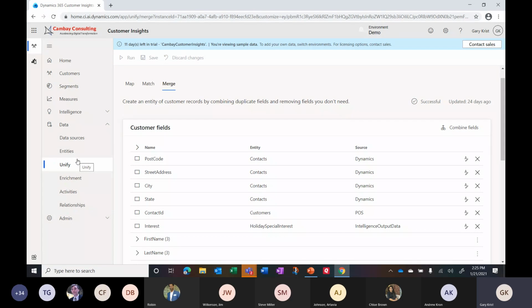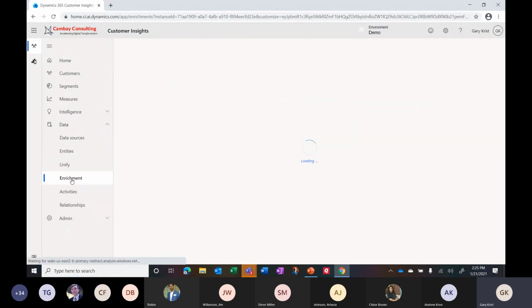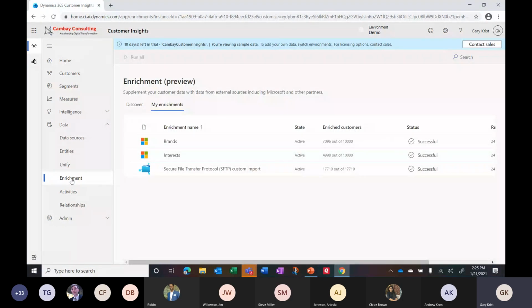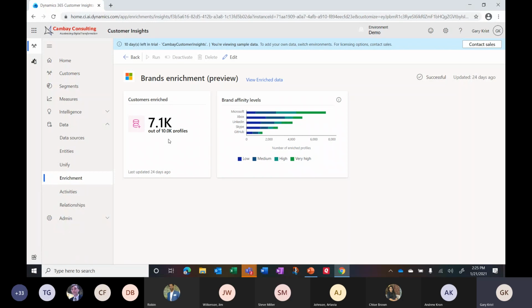Now we have our data matched and merged, so we build our data set, and now we have the ability to enrich it. This comes in from some third-party applications. We can purchase detailed information on brand data.